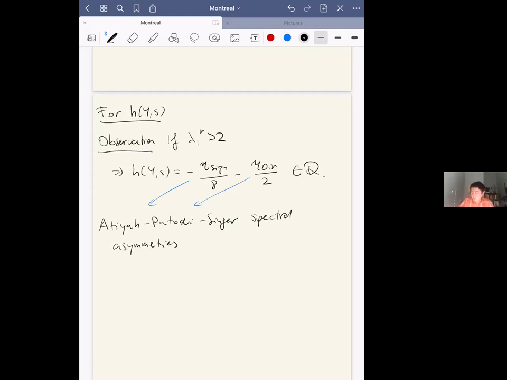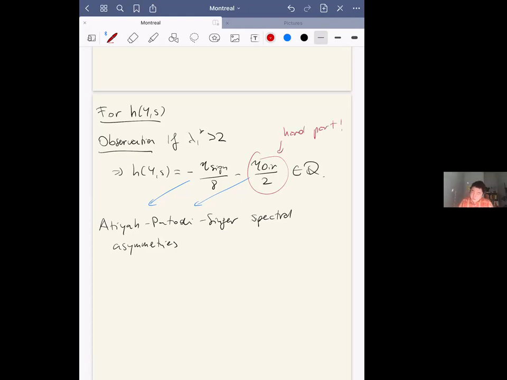The first one is the spectral asymmetry of the odd signature operator, and the second one is the spectral asymmetry of the Dirac operator. Let me focus on the second, because the first one is easier to compute since it's very closely related to topology. In particular for hyperbolic geometry, there are easier ways to compute it. So really, if you want to compute these things, this is the hard part to compute.